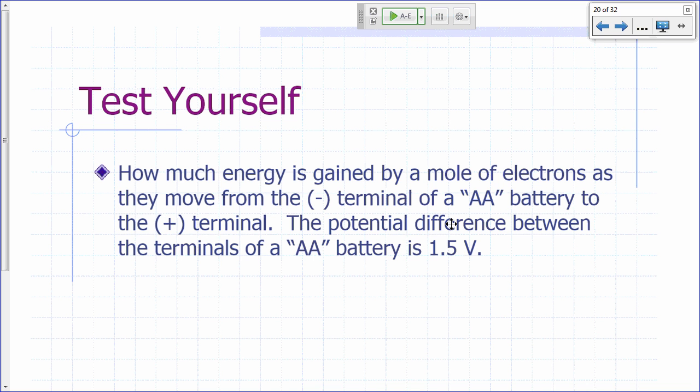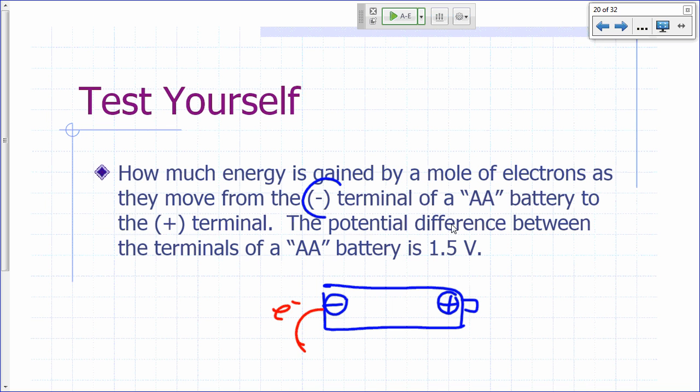Your everyday battery is a container that has a redox reaction going on inside it. When electrons come out of the negative part of your AA battery and go to the positive terminal, remember, if you've looked at your battery, you'll see one side is marked negative, the other positive. Electrons come out of the negative terminal and go to the positive terminal.